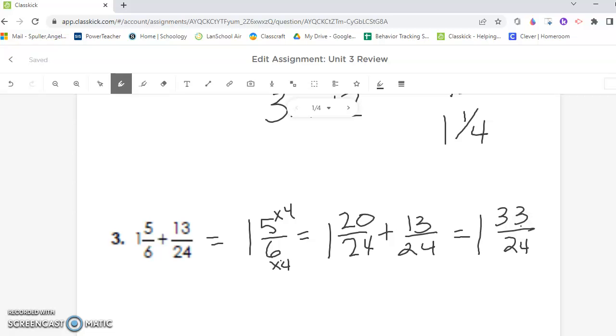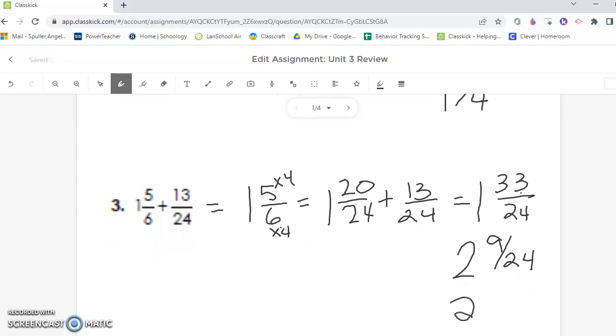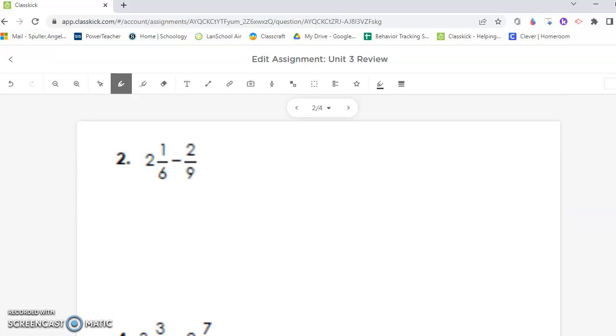If I take a whole away, I now have 2, and that would give me 9/24. Or I can simplify it down even more. I could say 2 and 3/8.